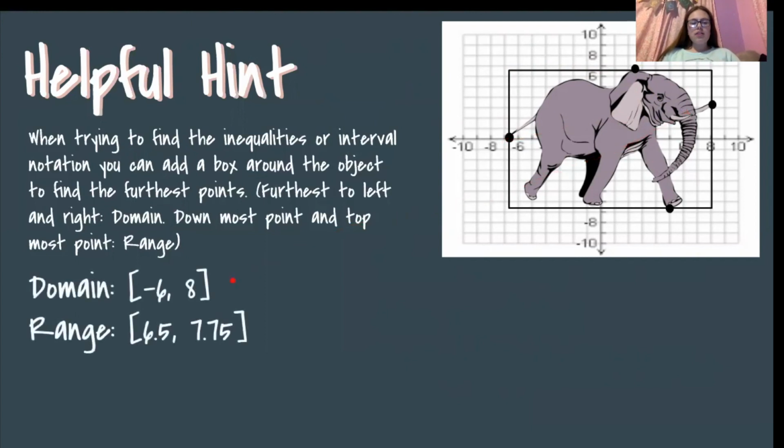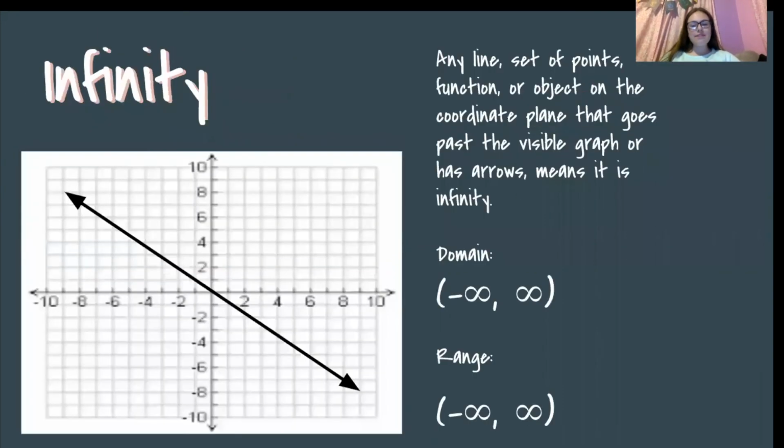For domain, I'm using interval notation because it is easier and shorter, but both are correct. So this is -6. The range of this situation is -7.75, and then the second part of the range is 6.5. So that is a helpful hint, and now let's finally get into infinity.